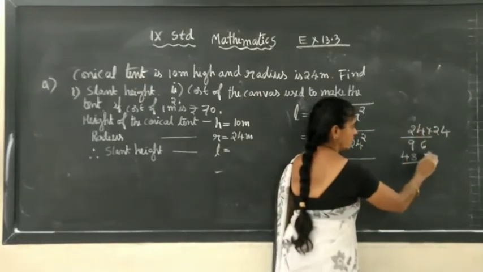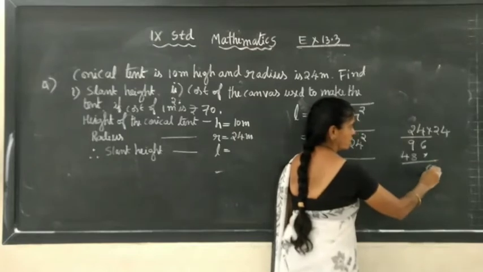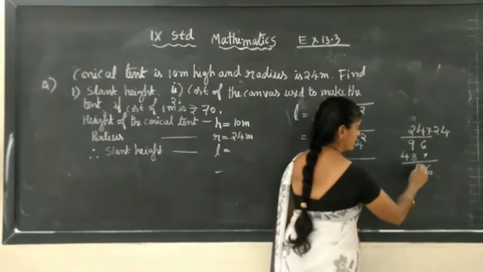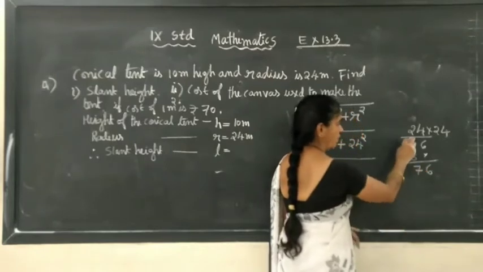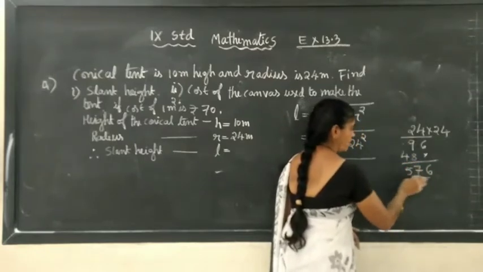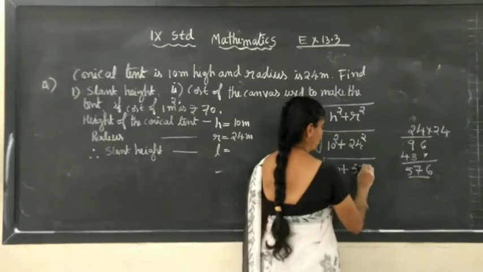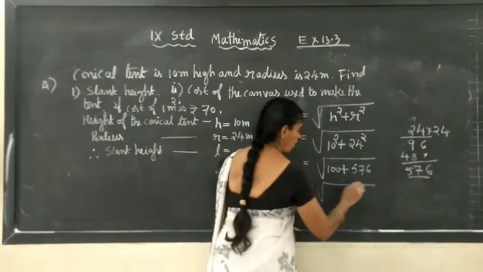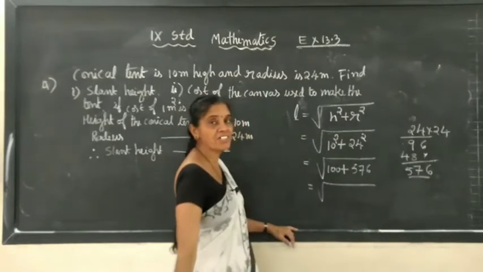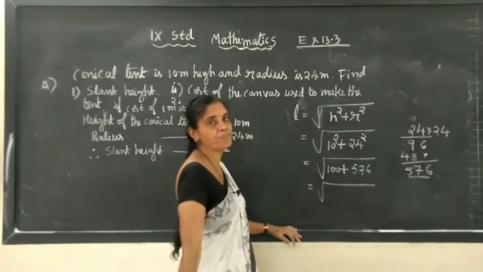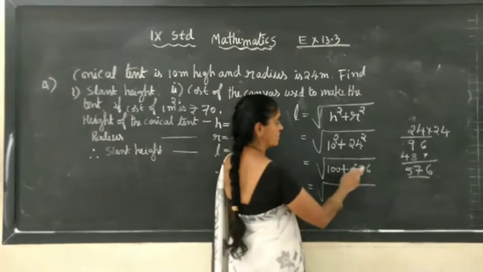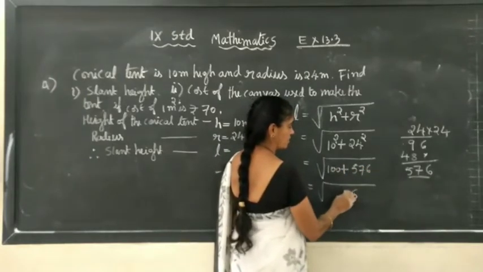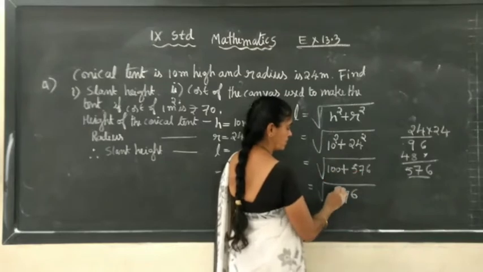Now add this, it is 6, 9 plus 8 is 17, and 1 in hand, 1 plus 4, 576. So it is equal to square root of 100 plus 576. So 0 plus 6 is 6, 0 plus 7 is 7, 1 plus 5 is 6.